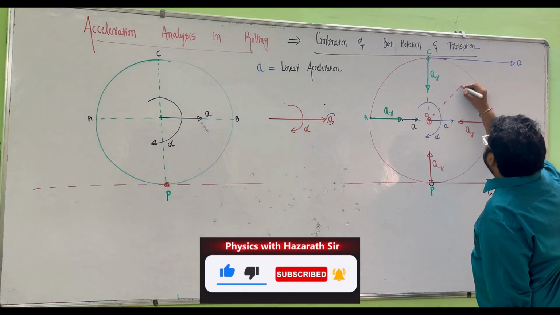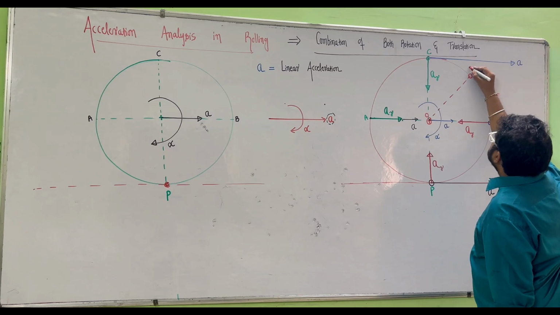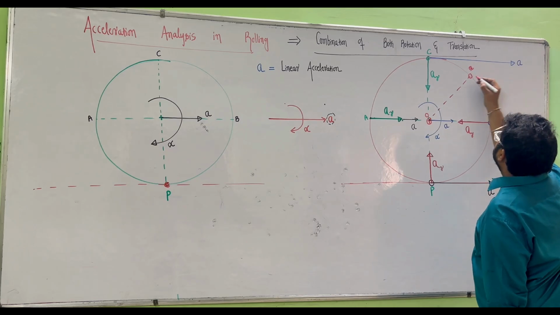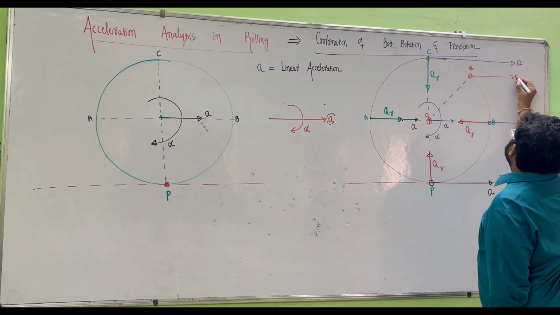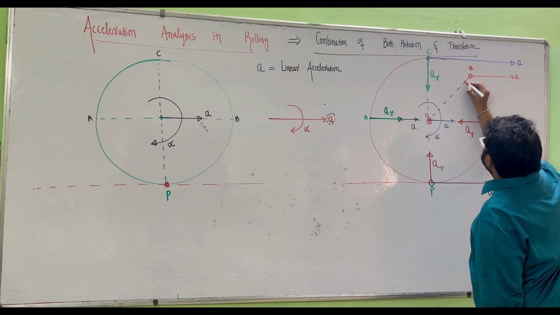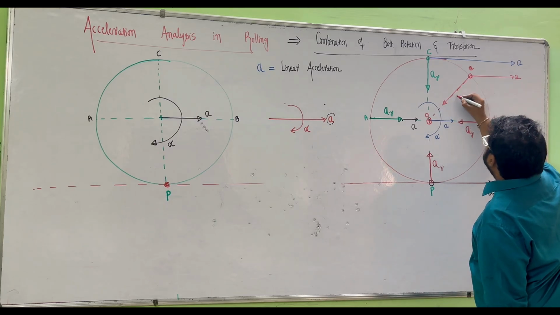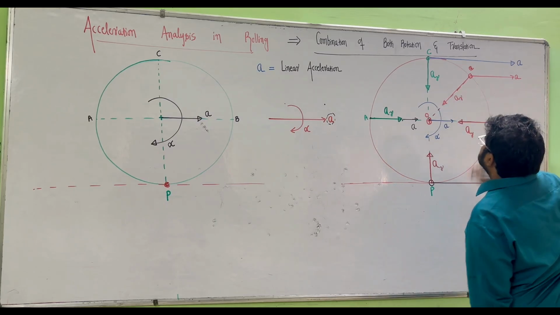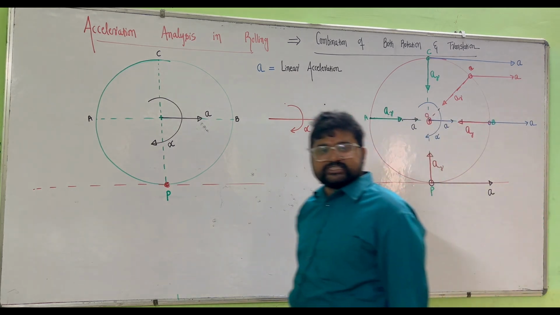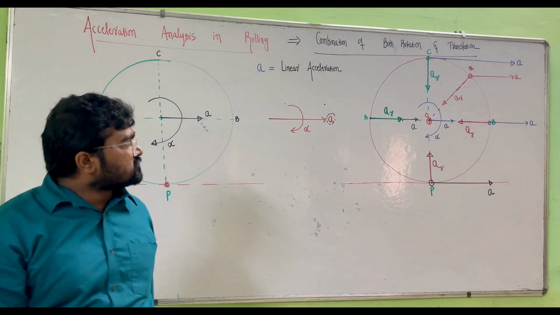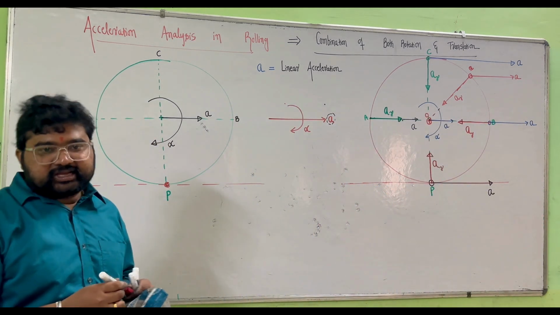If you take a point Q, this is the point Q. This could be A. This could be how much? Radial acceleration towards the center. Understood?